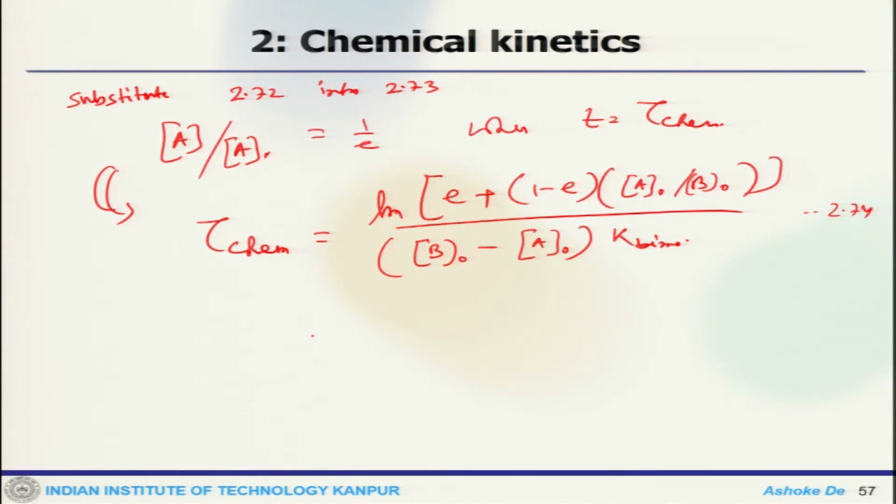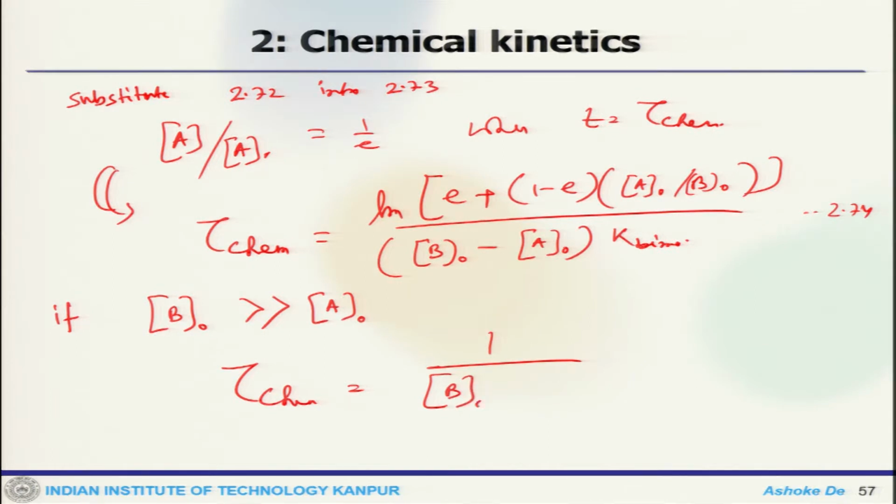So, for a bimolecular reaction you get an expression for the chemical time scale. Now, if the concentration of B is quite high, then this tau chem will be 1 by B naught K bimolecular.